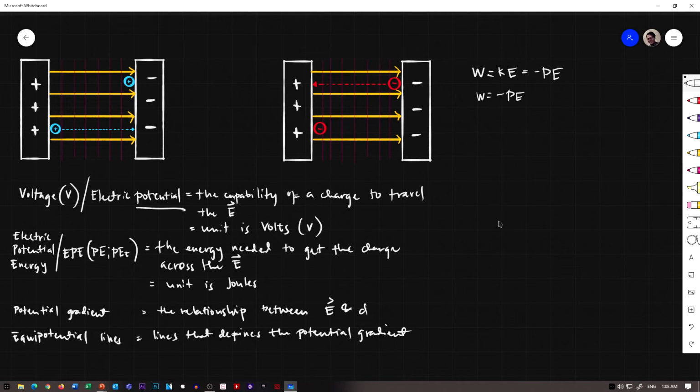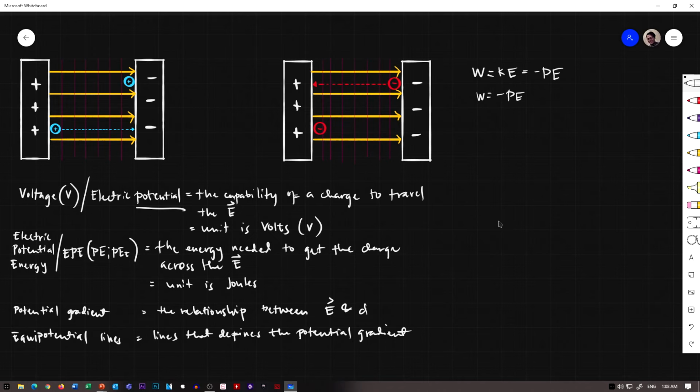So just remember that the purpose of this derivation is for you to understand the illustration that we have here. Okay, so let's take a look at this first diagram, wherein we have a proton or a positive charge that is placed on a positive plate. Alright, so its potential energy is at its maximum, right? While the kinetic energy is 0.